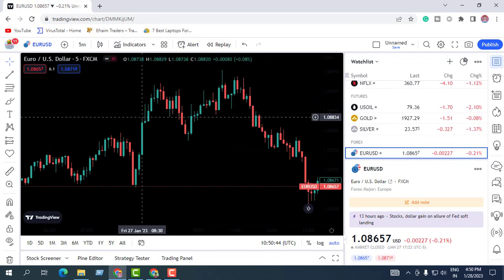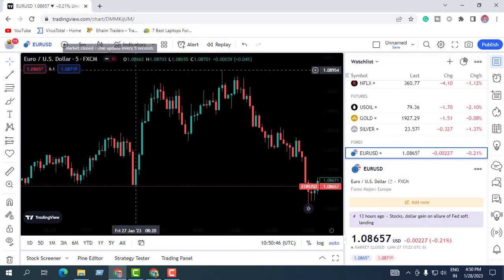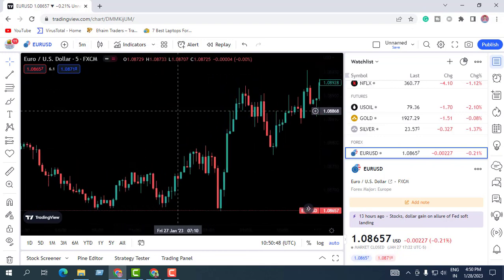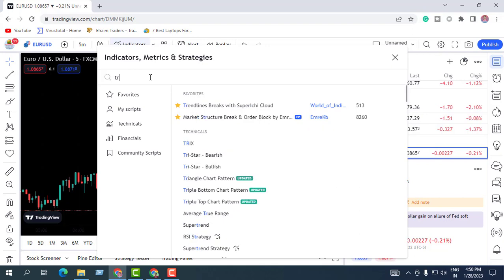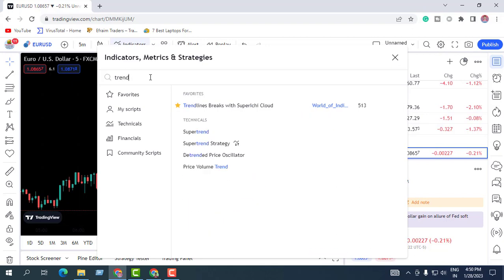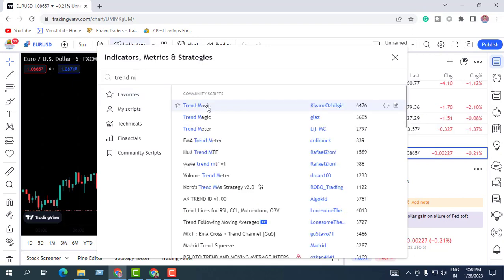First of all, choose the 5 minute time frame, then choose your indicator. Click on indicator and search for Trend Magic. Okay, here is the indicator by Kivanc Ozbilgic.